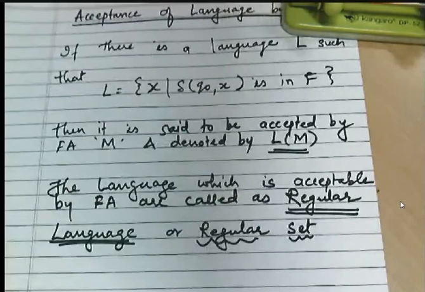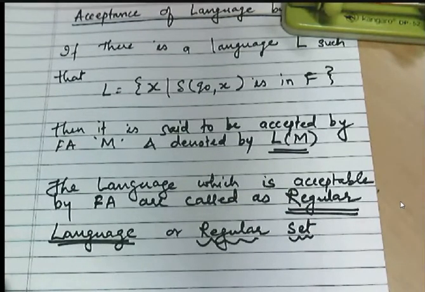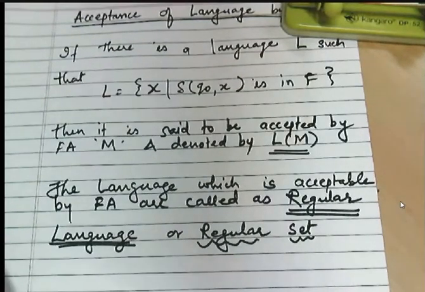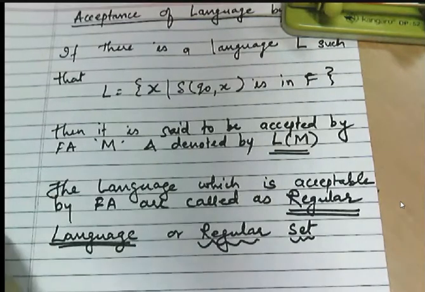So in short, the question can be asked as: which languages are acceptable to finite automata? You should answer regular languages, because we are going to learn many different kinds of languages as well. So finite automata accept the regular languages or regular sets. In other terms, it can be asked: which machine is used to check the acceptance of a regular language? You should answer finite automata. You should not answer some other machine, because you will be getting other machines' options. So I hope again this is clear to you.